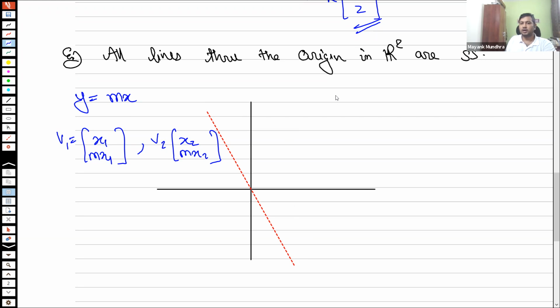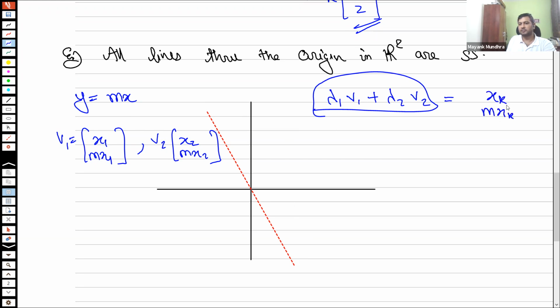Now for lambda 1 v1 plus lambda 2 v2, I just want to show that this is of the format xk comma mxk. If I can show this, then my proof is done.